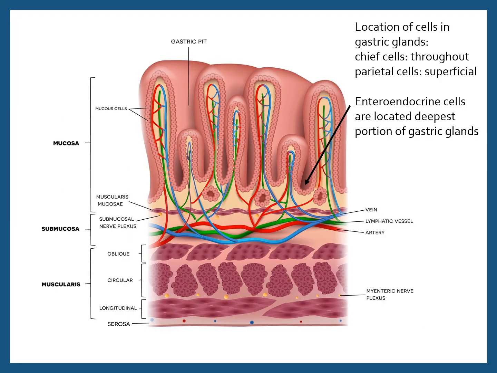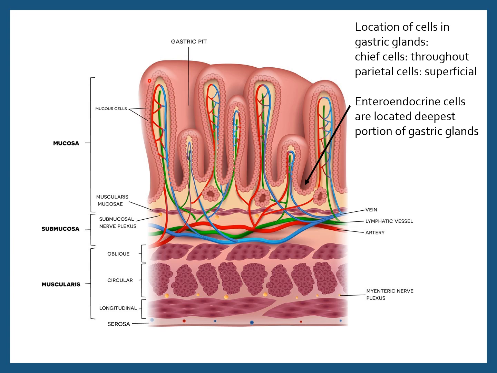And here we have a cross section. So if we have like the lumen of the stomach, that would be here. We can see that the pit will branch into these glands. And so what's going to line these pits are those mucus cells, and this is in that mucosal layer.